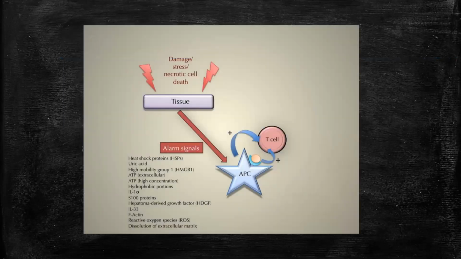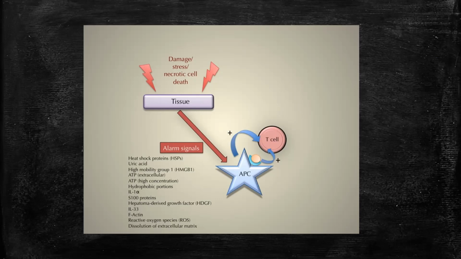So from a cartoon standpoint, this just shows what's going on. Tissue gets damaged, and the tissue spills its guts into the surrounding environment. These are some of the known ones here. If you can read that, you might recognize S100 and heat shock proteins, things you may have heard about before, ATP.